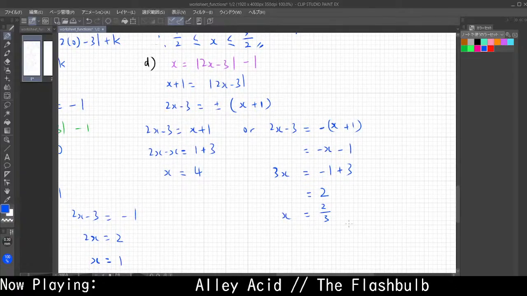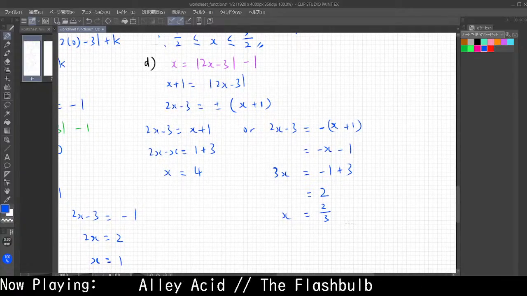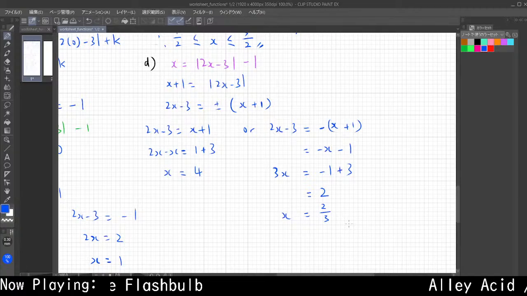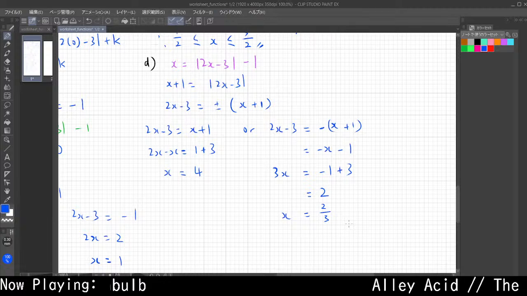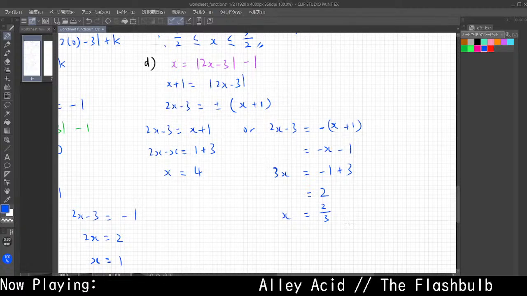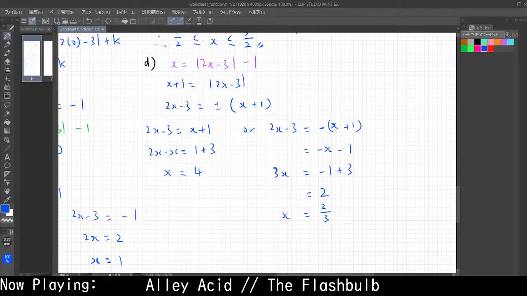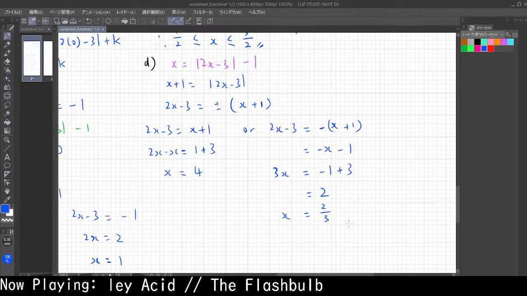Okay, so you have these things over here. You have gotten x equals 4 and x equals negative 2 over 3. And you see there are two answers. You want to see whether they fall within the given domain or not.